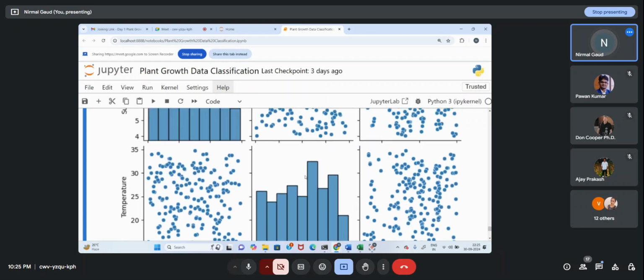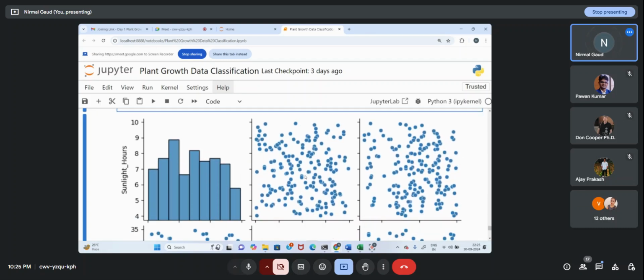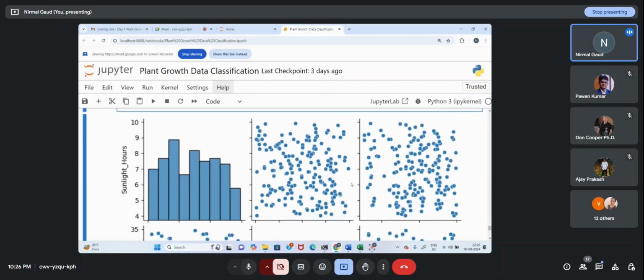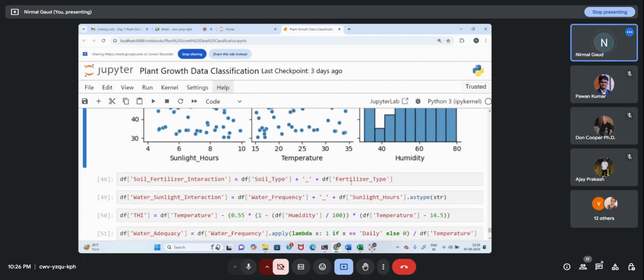So you are having the scatter plot and the histogram in the pair plot. You can make this in one go itself using pair plot, taking the features in pairs, and you can make the plots for them. Okay, fine. So this is pair plot.